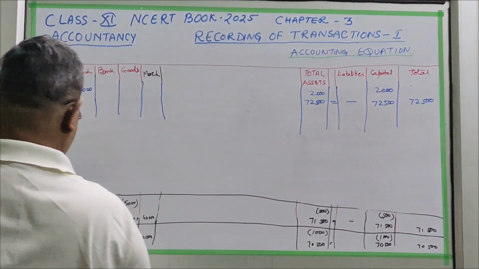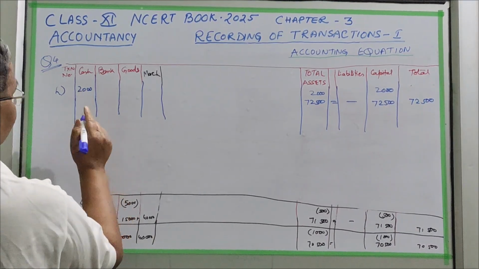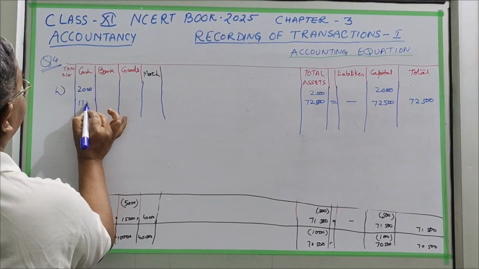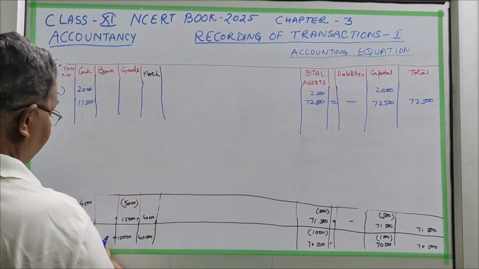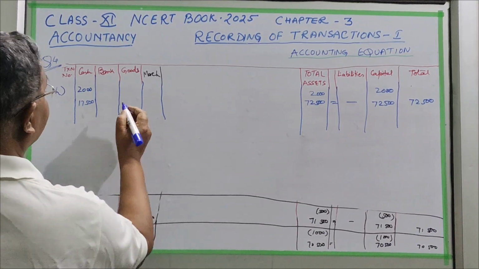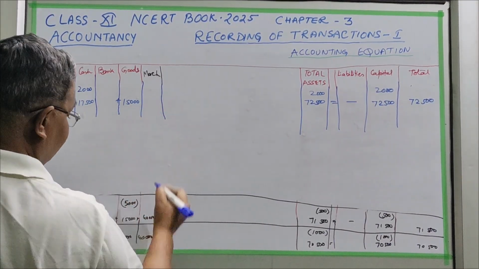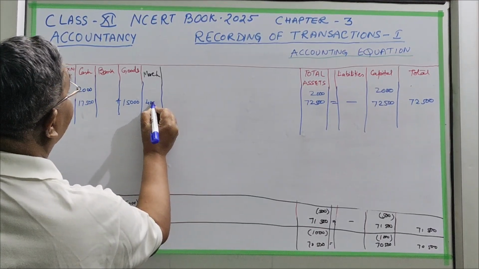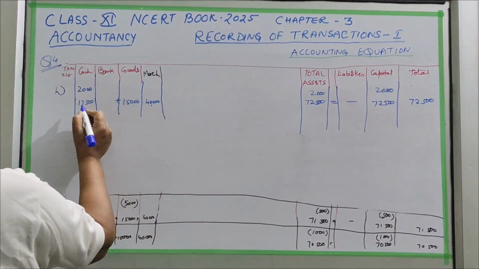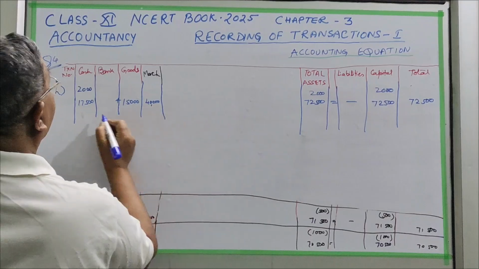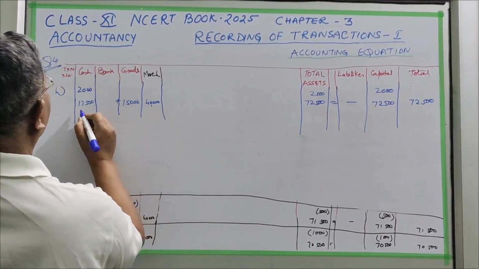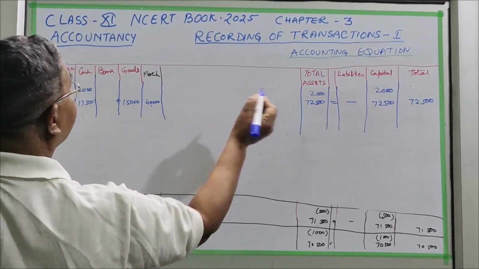Here what happens? Cash 15,500 plus 2,000, it will become 17,500. Bank nothing was there. Goods 15,000. Then machinery 40,000 was balance. And altogether 72,500, it is this one.